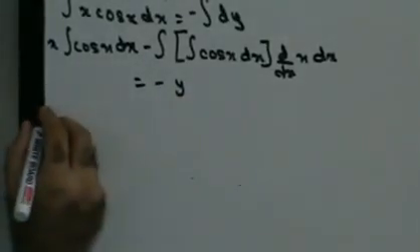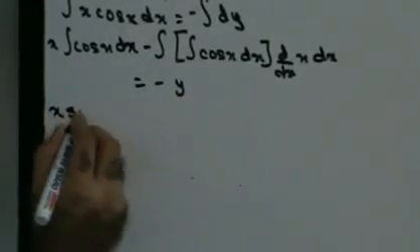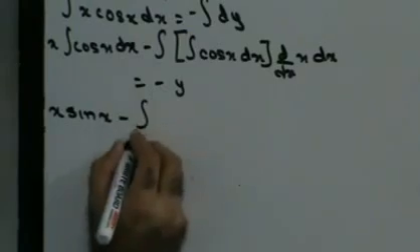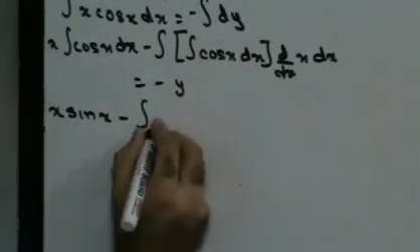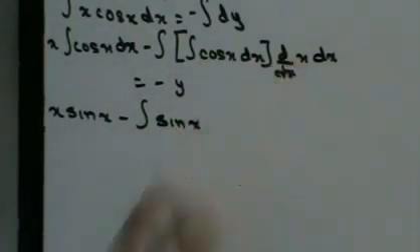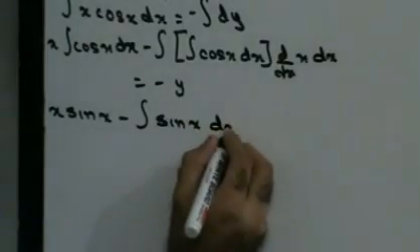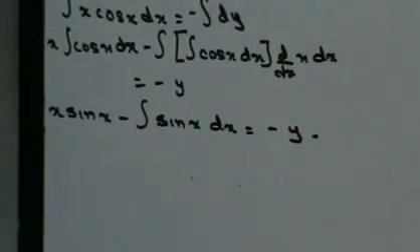So this can be written as x, integral of cos x is nothing but sin x, minus integral of sin x into derivative of x, which is 1, dx, is minus y.